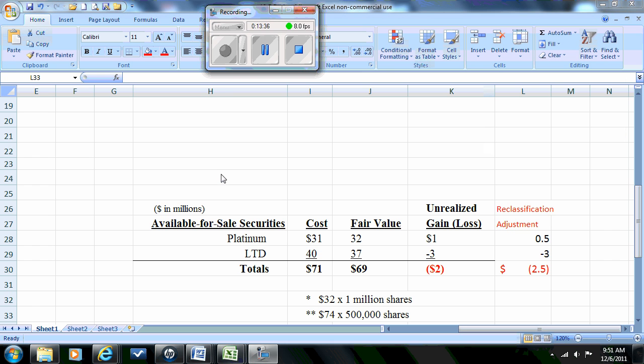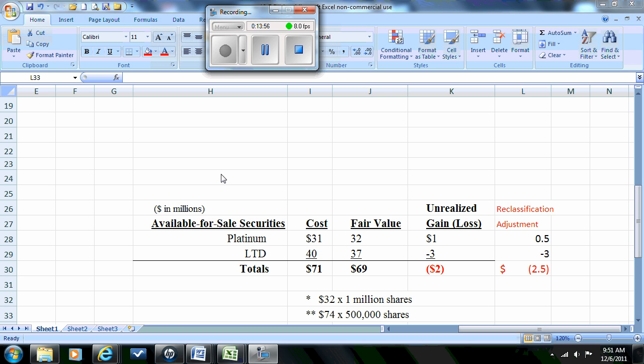Since we have sold these securities that we had recognized unrealized gains or losses on in previous periods, sometime during the current period in 2012, we're going to have to reclassify the OCI.